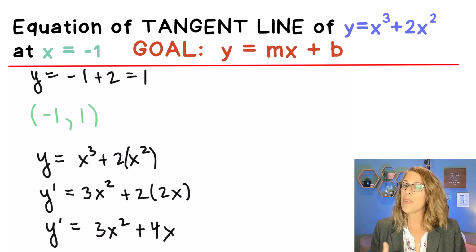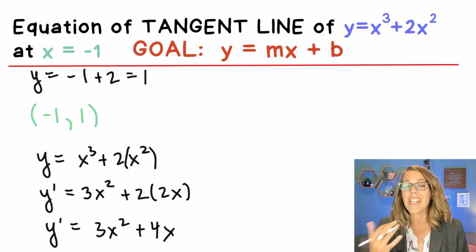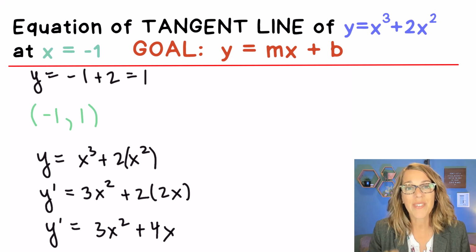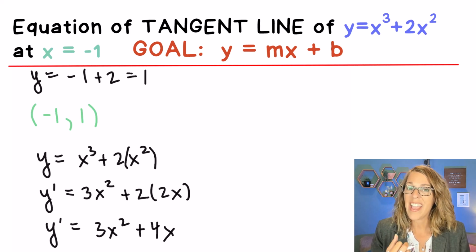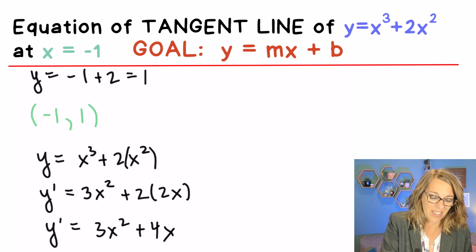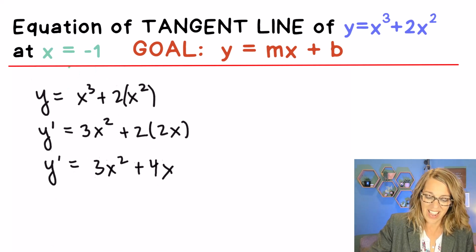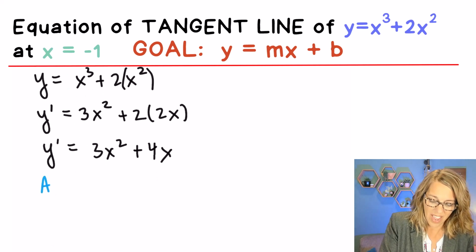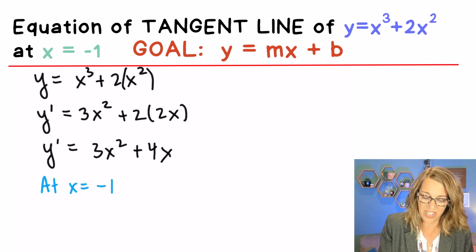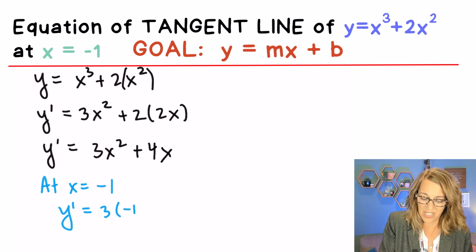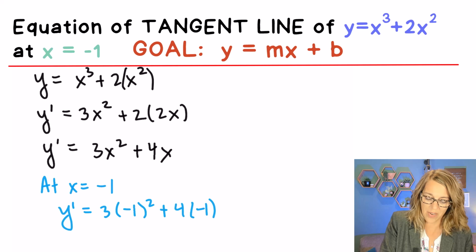Now this is my formula for y prime. It's the slope anywhere along the curve, but I really need to know that slope at my x value -1. So we can say at x is equal to -1, y prime is 3 times -1 squared plus 4 times -1. Okay, so what do we get?